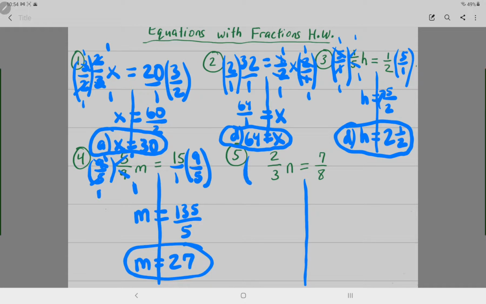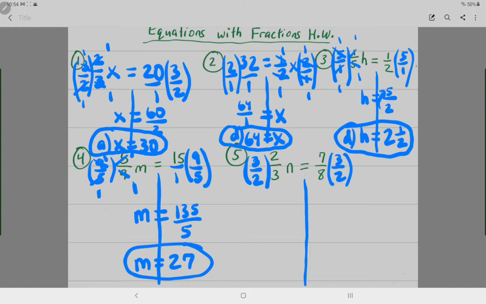So opposite or inverse of dividing is multiplying. And we must multiply by the reciprocal, get rid of our fraction. So instead of 2 over 3, it's 3 over 2. And whatever we do on one side of the equation, we must do to the other. So also we'll multiply that by 3 over 2 as well.